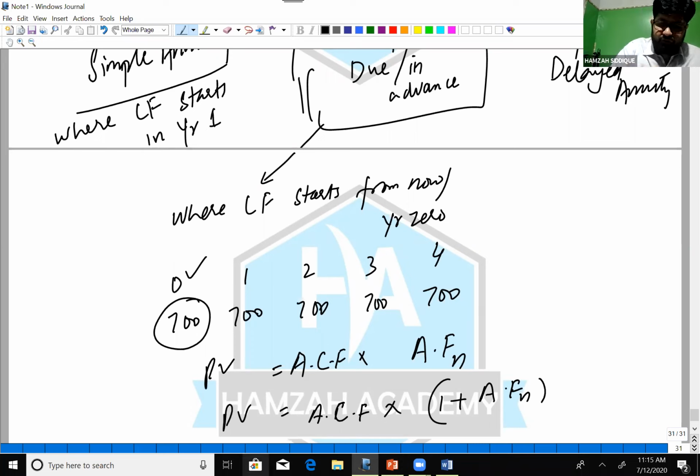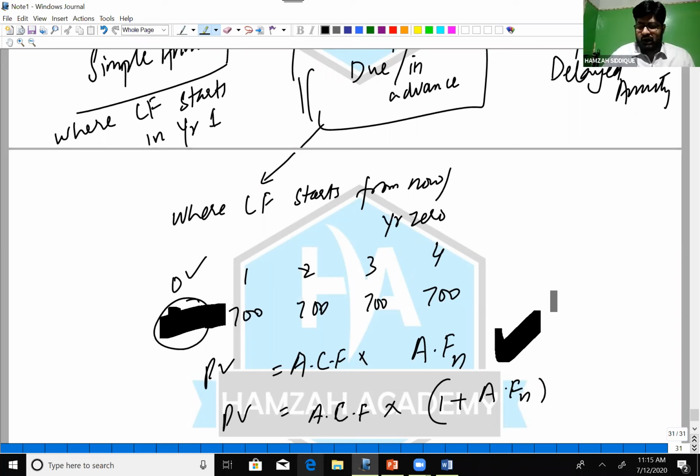So this formula, now we cannot ignore, because there is an amount for year 0. The discount factor is always 1, so 1 plus the annuity factor for the remaining.